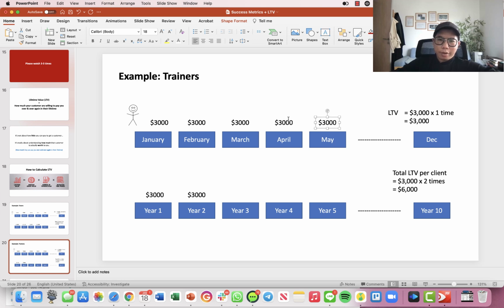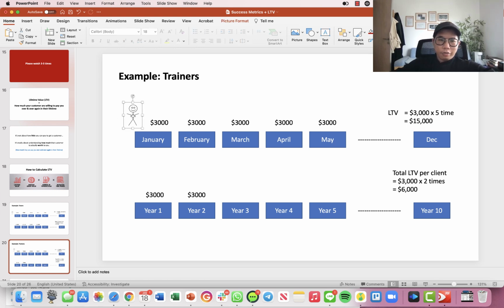You get what I mean, right? If you have only one, then your total LTV is about 3,000 at one time, and if you manage to find big customers who pay you every single month, then the LTV is probably like 15,000 for one customer only.